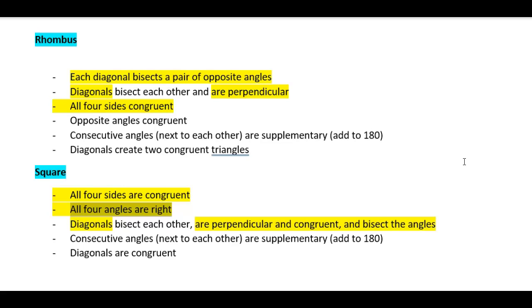It's just that the four angles are right and that the diagonals are congruent to each other. Everything else falls in line. So a square is kind of merging the idea of a rhombus with a rectangle. If you need more time, go ahead and pause the video.